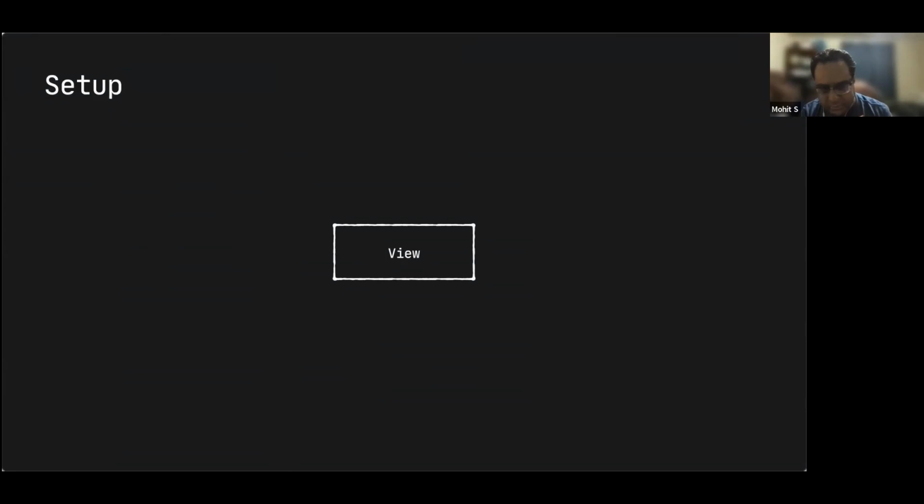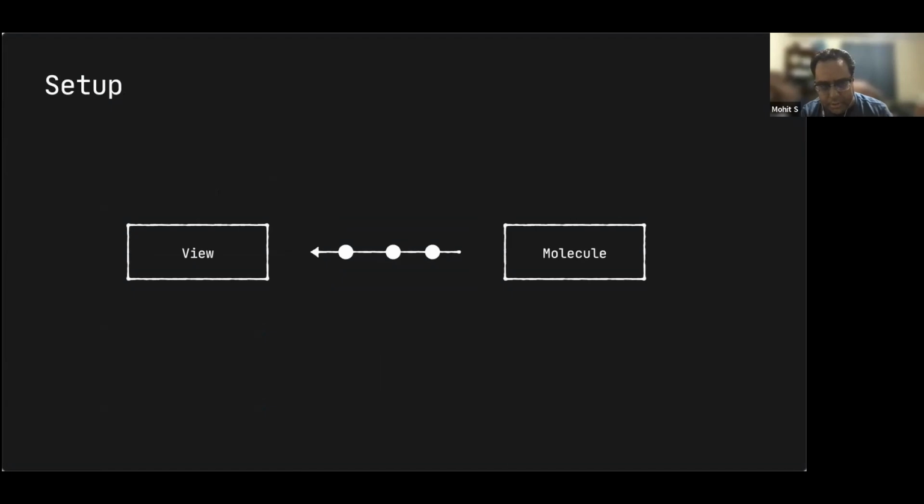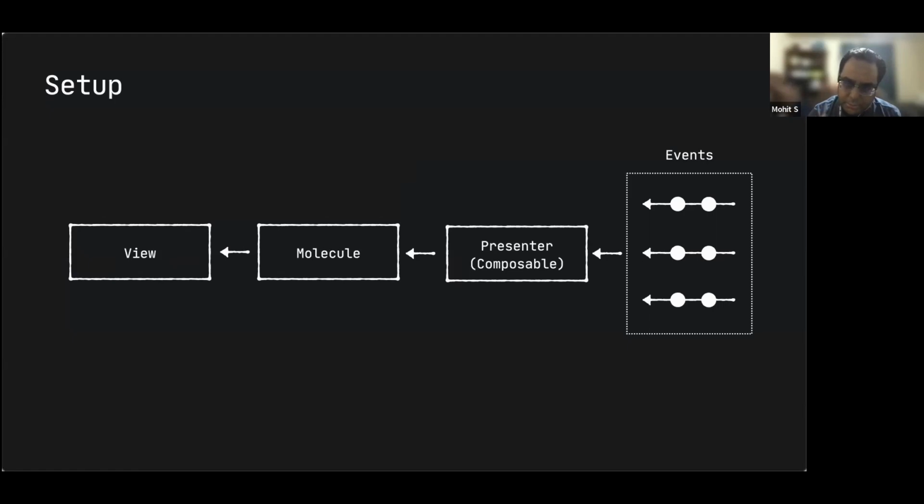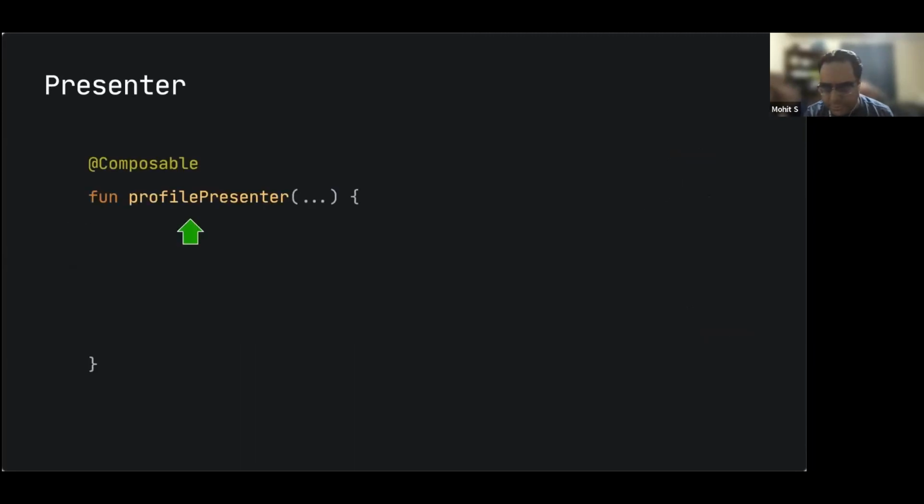The setup is that you have your view, which is your composable function, and it's going to take that state flow, which is created by this library. The first step is to create a presenter that knows how to create some state based on the streams of data that it's reading from. This stream could be multiple, 1, 2, or 3, and you could combine them together and have your logic in there. So let's start with the presenter.